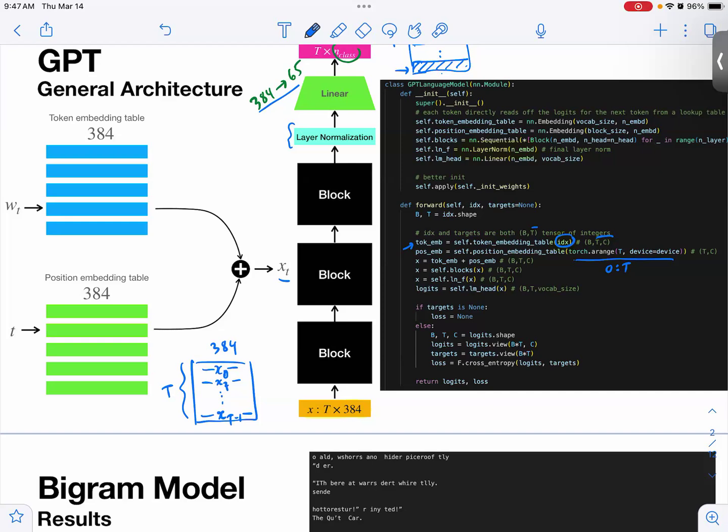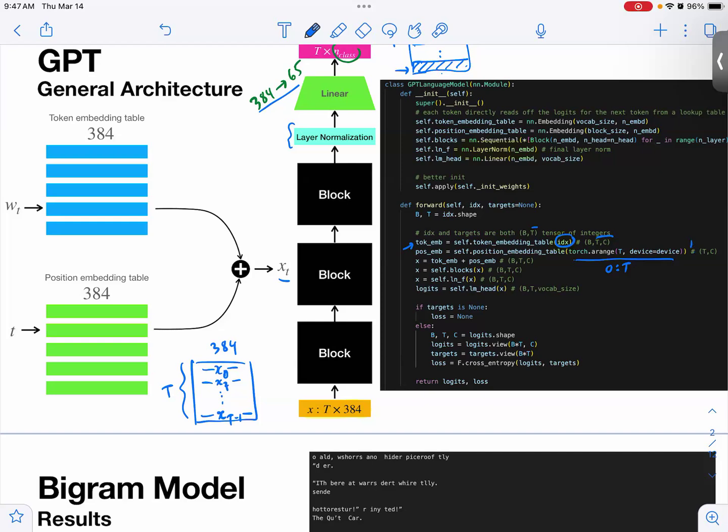So 0 indexes into the table, one indexes into the table, and you get basically the entire table. You copy this, and the one that you get from here, and then you add them up. Because of the broadcasting, this is going to repeat for the batch size.